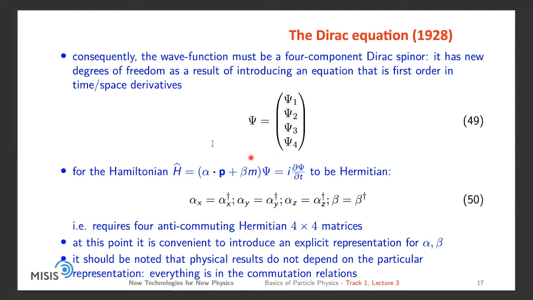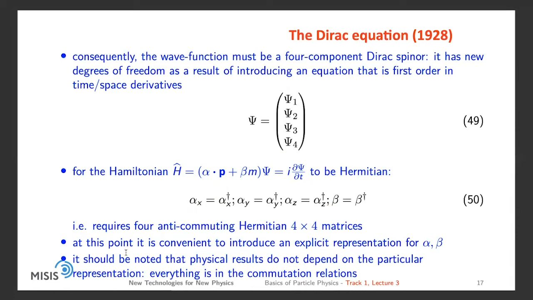Now, for the Hamiltonian to be Hermitian, we need the alpha and beta matrices also to be Hermitian, and they should be anti-commuting according to our previous expression. In principle, there can be several explicit representations for these matrices, but we can choose one of them which is convenient for us. Of course, we should know that physical results don't depend on the particular representation.